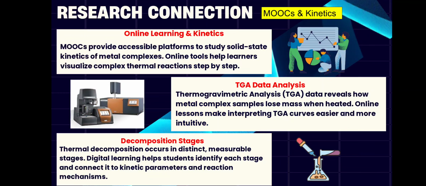Through videos and interactive explanations, students learn how to read TGA curves and understand the thermal behavior of different compounds. They also learn that thermal decomposition does not occur all at once. Instead, it takes place in different stages, and each stage provides valuable information about the reaction mechanism and kinetic parameters. Thus, MOOCs make research concepts easier to visualize and understand.